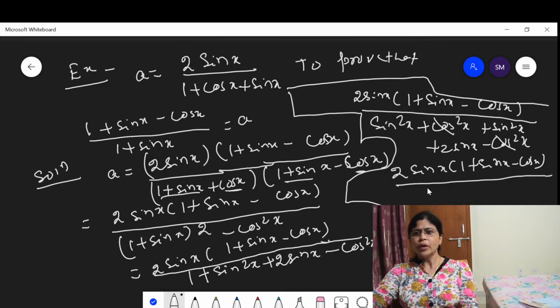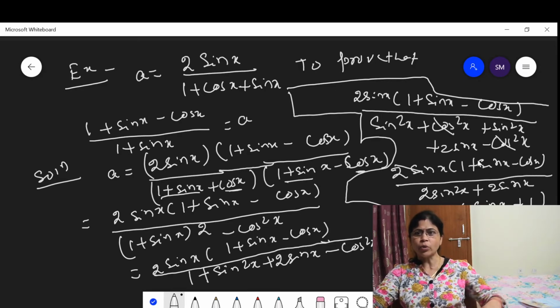This means 2 sin square x plus 2 sin x. Now taking common 2 sin x, this is sin x plus 1. Then 2 sin x cancels, and it will be equal to 1 plus sin x minus cos x upon sin x plus 1.